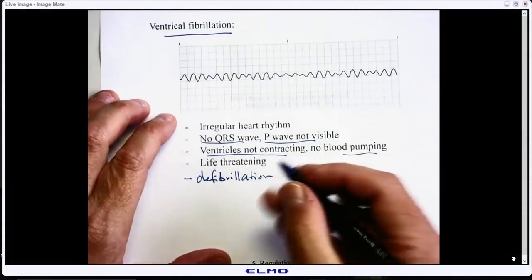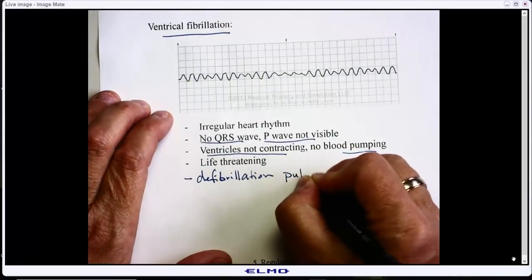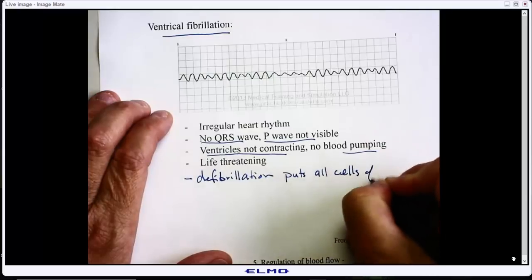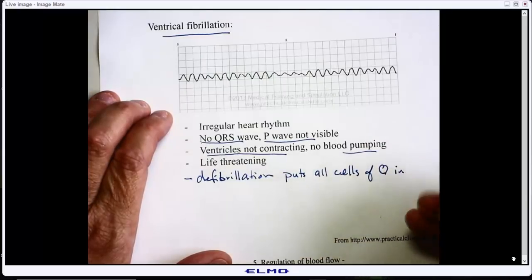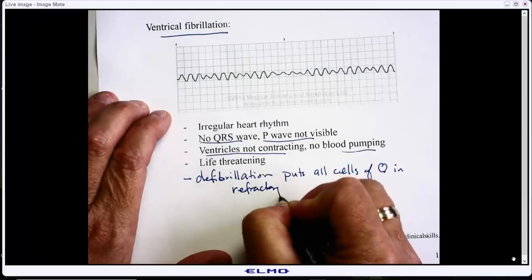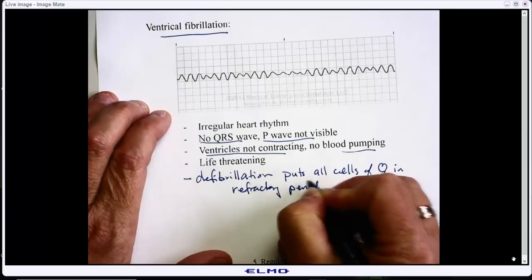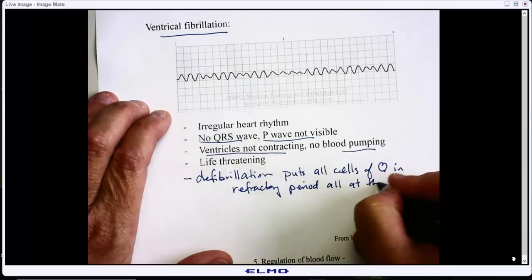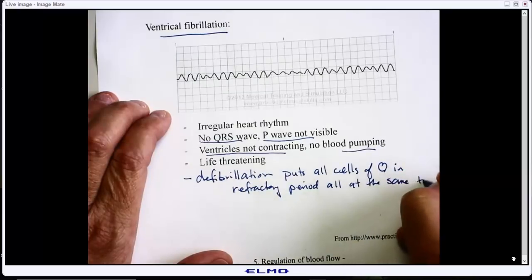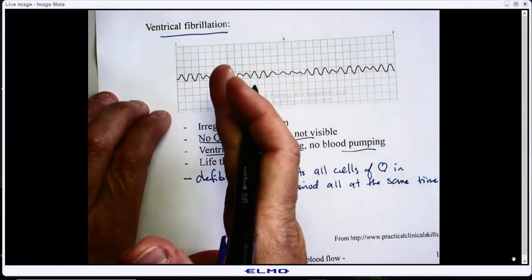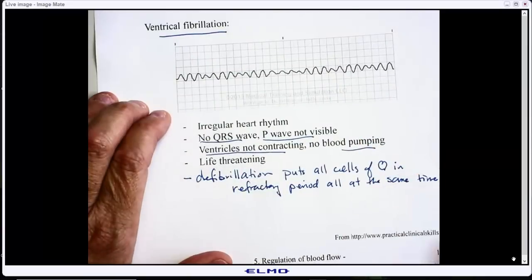So defibrillation puts all cells of the heart in their refractory period all at the same time. Then the SA node will hopefully initiate the action potential and start organized electrical activity again.